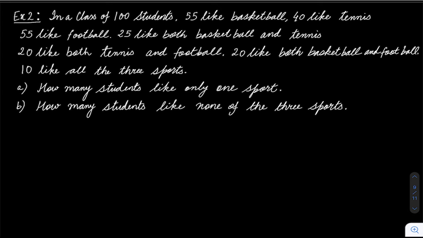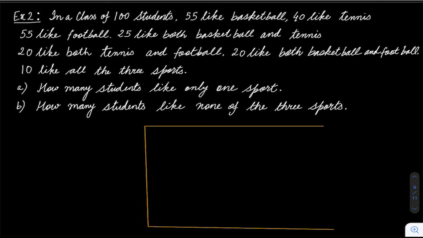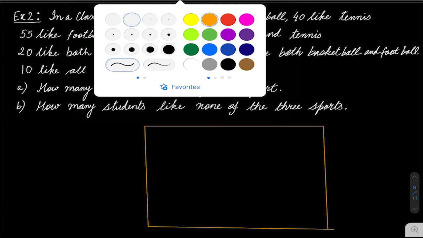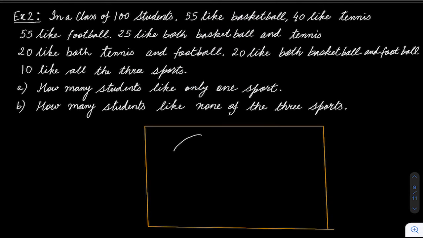Okay, some questions are there. Basically, this is a question of Venn diagram or sets. So let's first make a Venn diagram, because solving this question using a Venn diagram is relatively easier than solving it purely by formula. So let's first draw a Venn diagram for three sets. This is my first set.